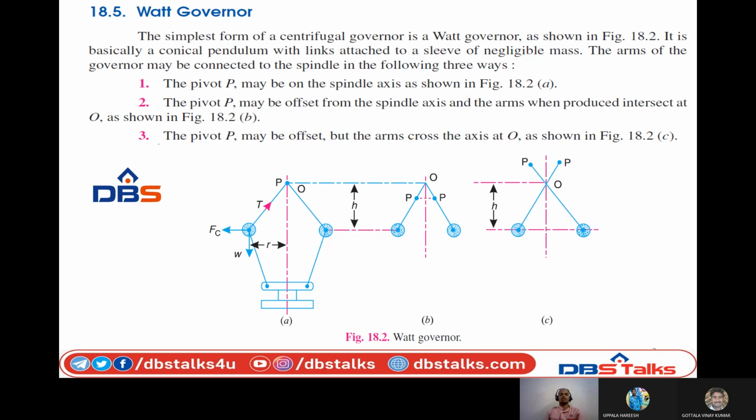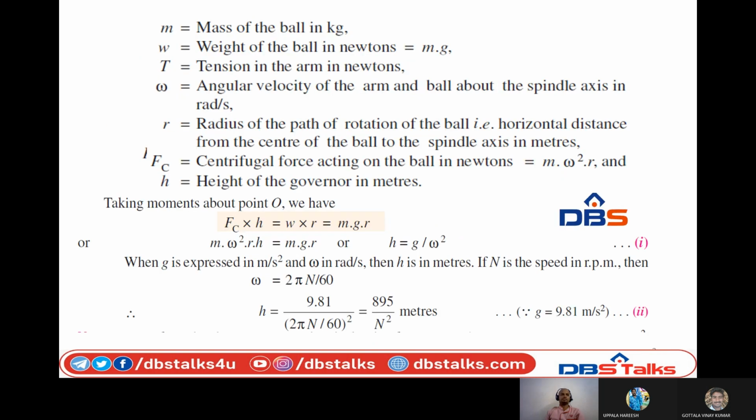So the link and arm weights are very negligible; you just eliminate them.